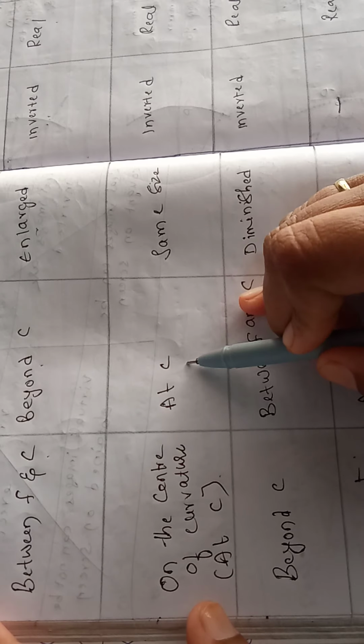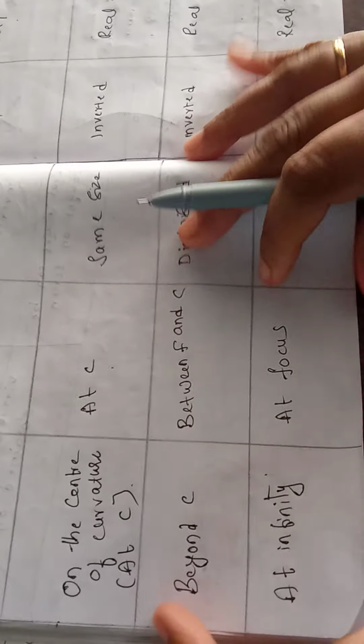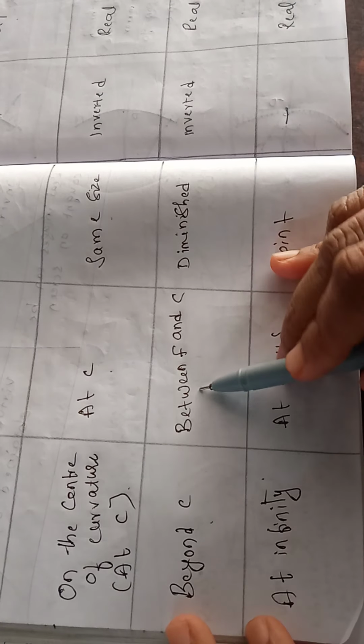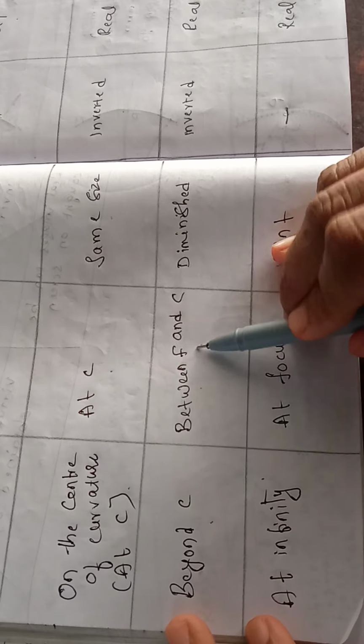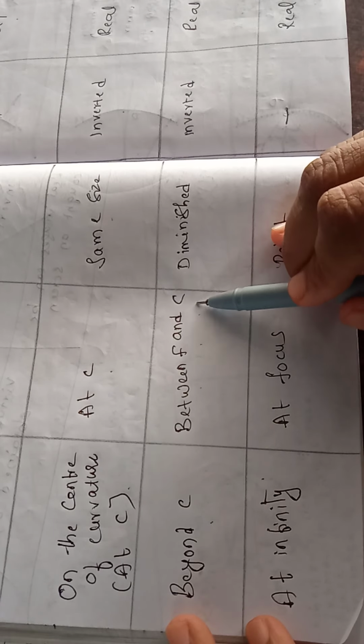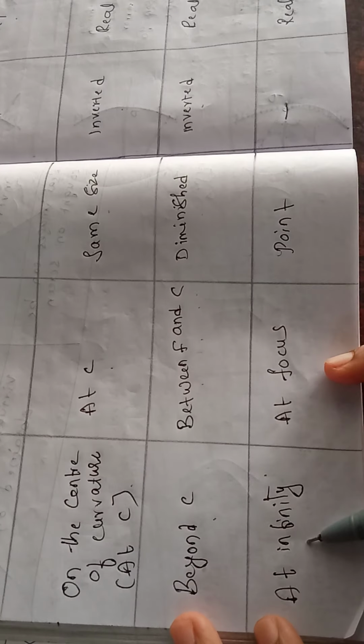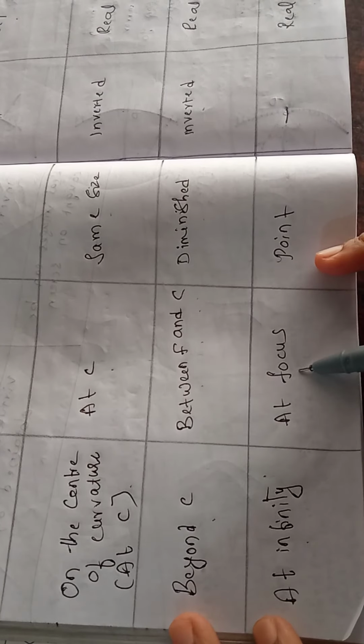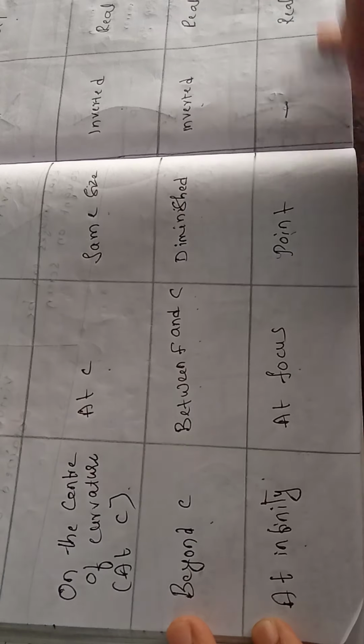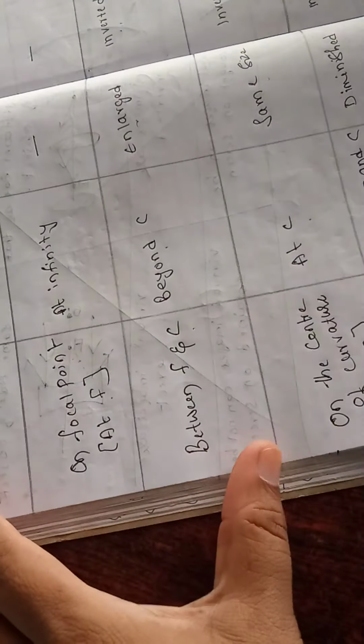Now next, when the object is placed at C, image is also formed at C, of same size, inverted and real. And when the object is placed beyond C, image is formed between F and C, principal focus and center of curvature, it is diminished, inverted and real. When the object is placed at infinity, image is formed at focus, that image will be of point size and a real image is formed.